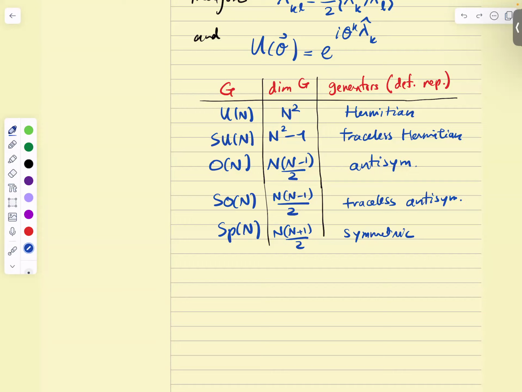So we talked about this kind of inner product, which gave us O, for example, if you have 2 negative 2 and minus 2. We talked about the inner product in the Hilbert space giving the U's, right? What is Sp?